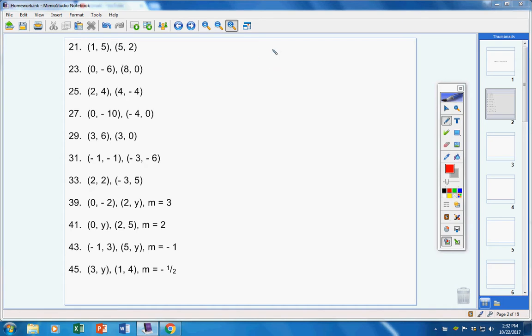Let's use our formula: y minus y over x minus x. My first y is 5, so 5 minus 2. My first x is 1, 1 minus, and my second x is 5.